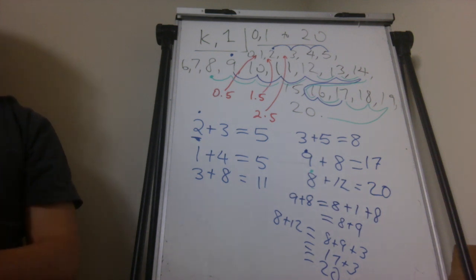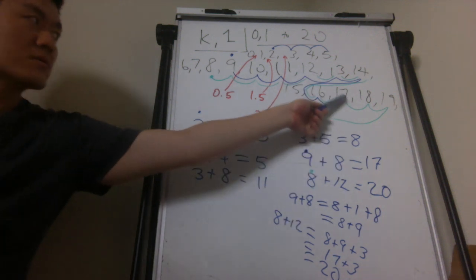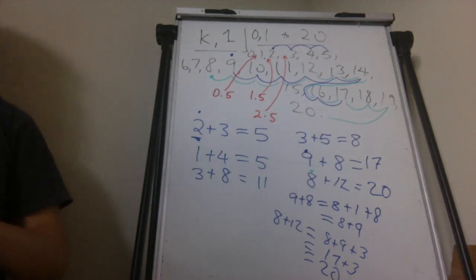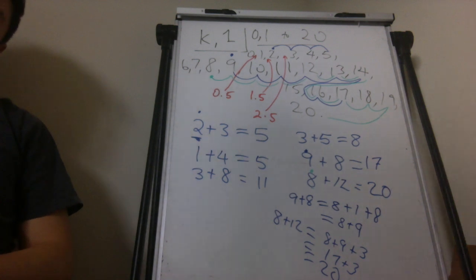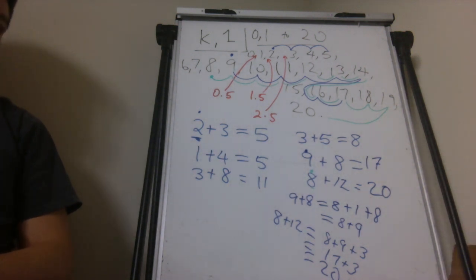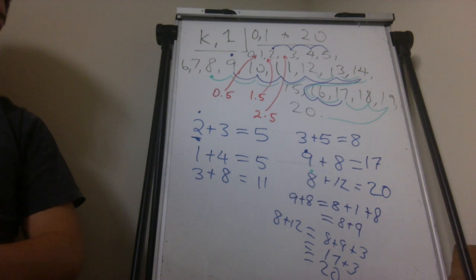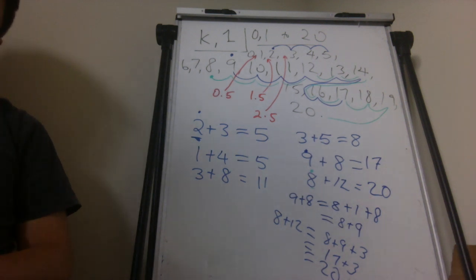Yeah, so 17, 1, 2, 3, right? And then 8 plus 9 plus 3, 20, and 8 plus 12, 20. Yeah, so these things are all related, right?